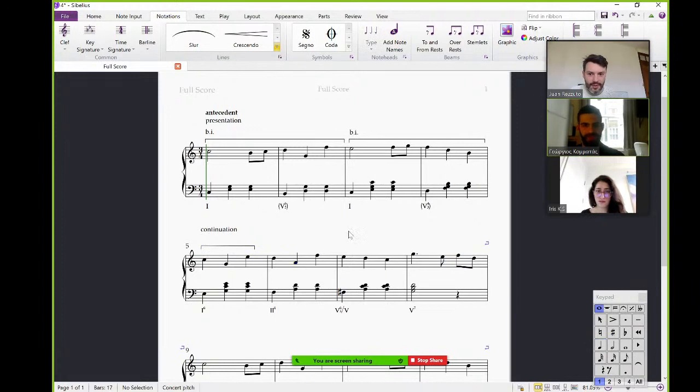I played an A when I played it, but I wrote a C. Now, I'm not sure what we can consider a sequence. This is obviously a sequence because it's identical, the first to the second. Now, if it was varied, like if the first tonic was in root position and the second was in first inversion, would we still consider it a sequence?